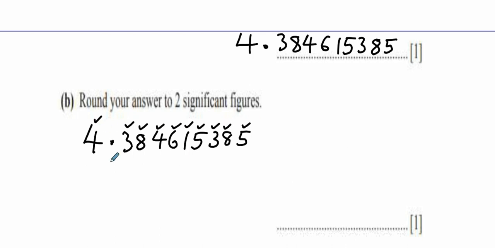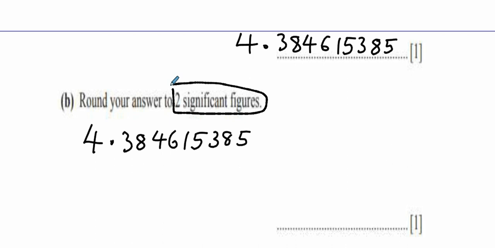So this number has 10 significant figures. Now, we want to write this number correct to only two significant figures. Okay. So what do you do? You count the first and the second because they need two significant figures. So the first, the second, you put a border over here, and then you check.